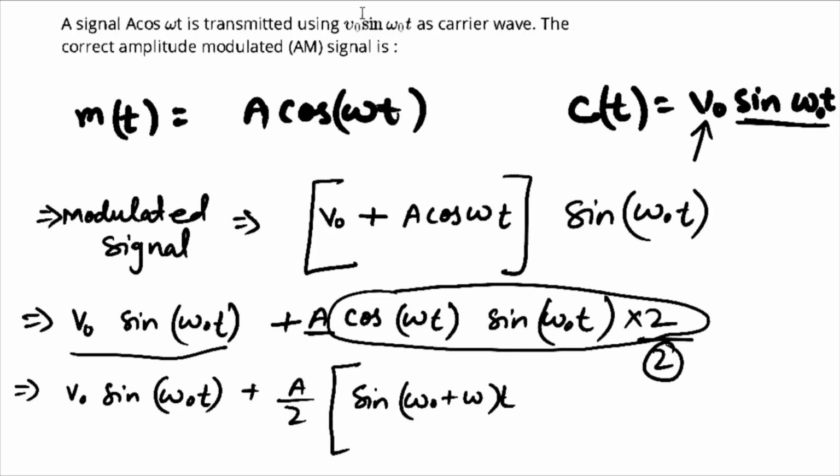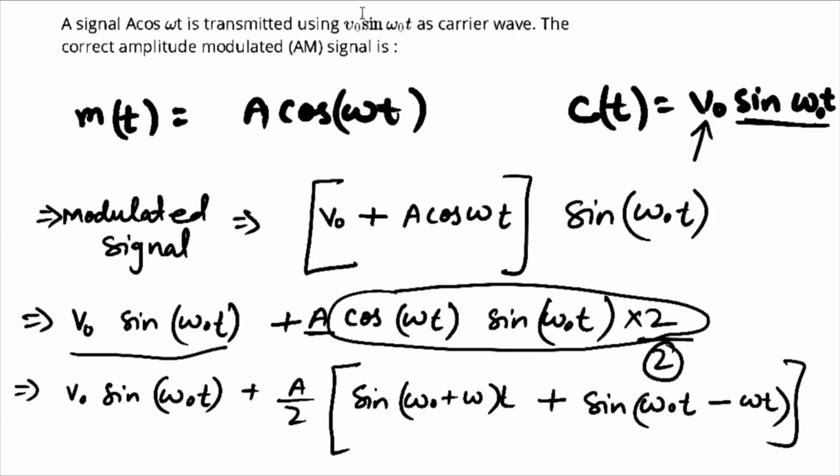2 sine A cos B will be equal to sine of A plus B plus sine of A minus B, omega naught t minus omega t. So this will be the answer.